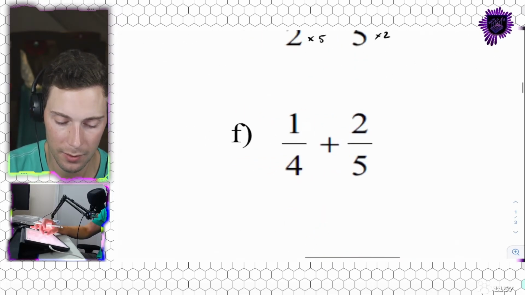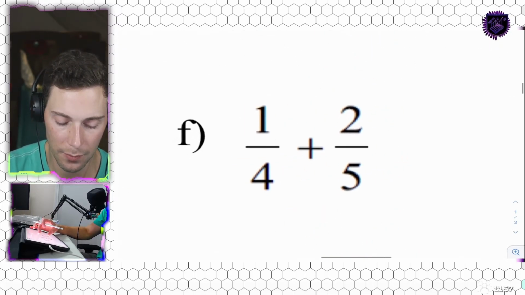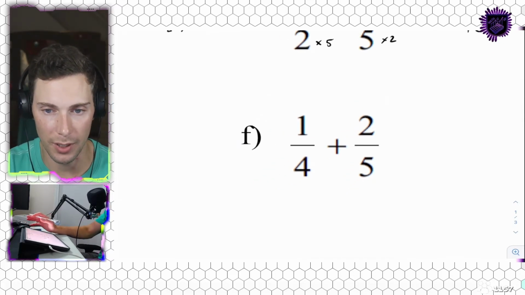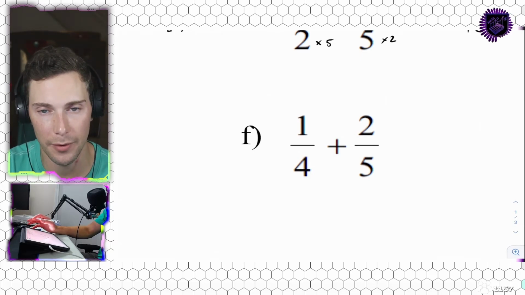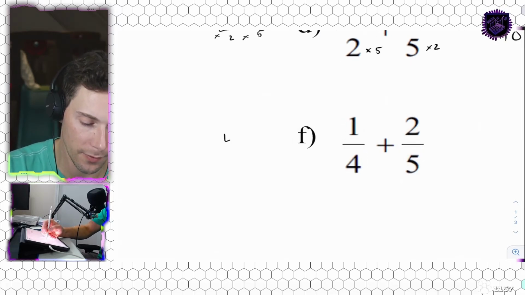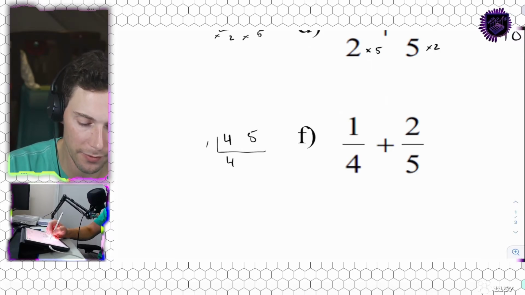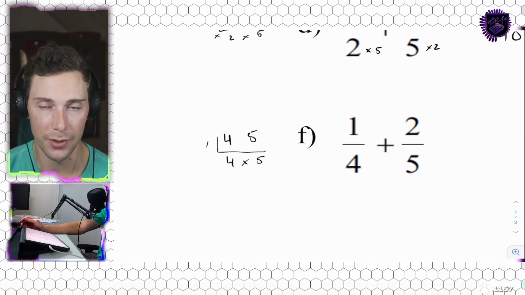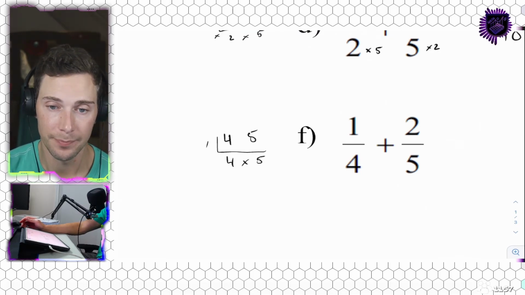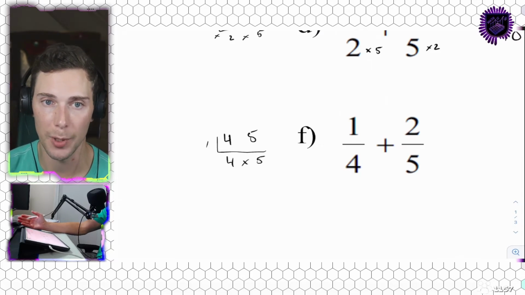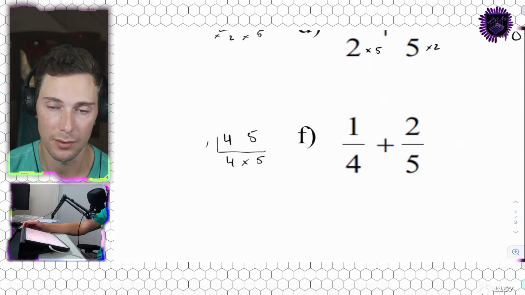Now this one, again, 4 and 5 are not going to have any common multiples. So right away, you need to realize they're not going to have any common factors. So I can show my work and go, 4 and 5 and do my ladder method, 1, and it just leaves me with 4 times 5 underneath. So this is going to be, again, an opportunity to cross multiply. We're going to multiply the one fraction by the denominator of its partner.